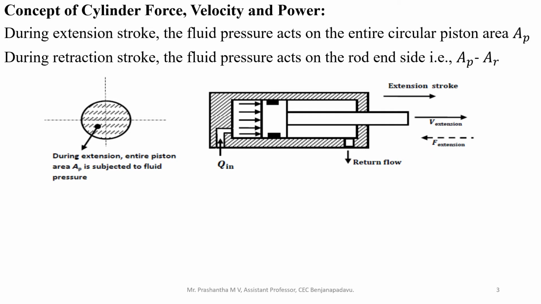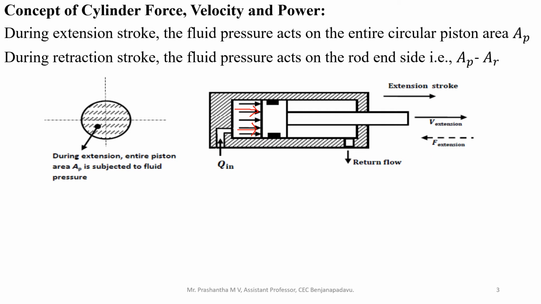See, in this diagram the flow of liquid comes from the piston end and acts on the piston side. Look at here. The flow happens on the piston side and the area of the piston is AP.